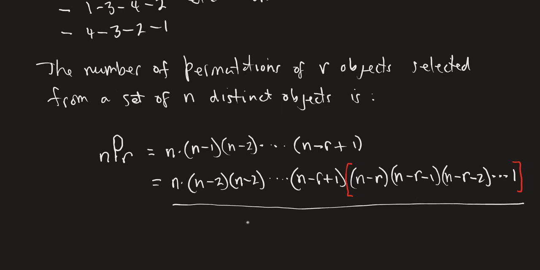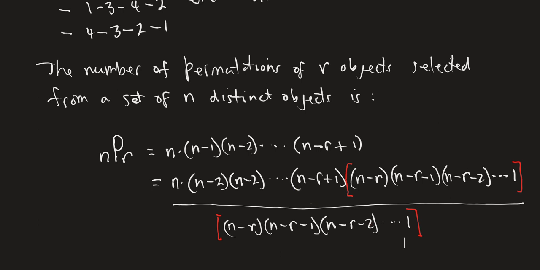I have to balance it out by putting the same factors in the denominator: n minus r, n minus r minus 1, n minus r minus 2, all the way down to 1. The things in red cancel each other out, so the first expression is exactly the same as this. But why did I put that in?